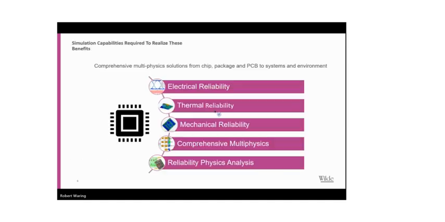ANSYS provides a range of workflow solutions that address a wide variety of electronic reliability concerns. Its simulation toolsets play a key role in understanding how electronic systems operate and perform in a variety of applications. Over the next couple of weeks, we will focus on each of the areas in a separate short webinar.